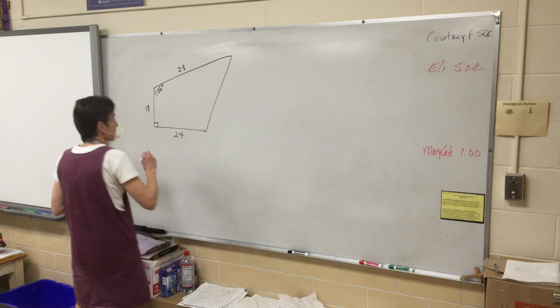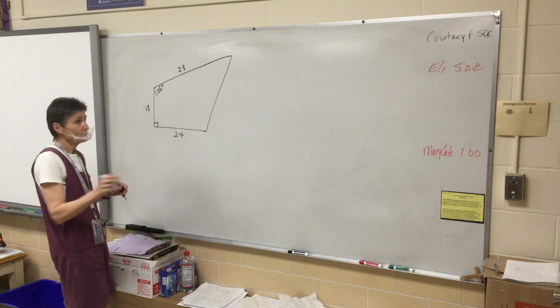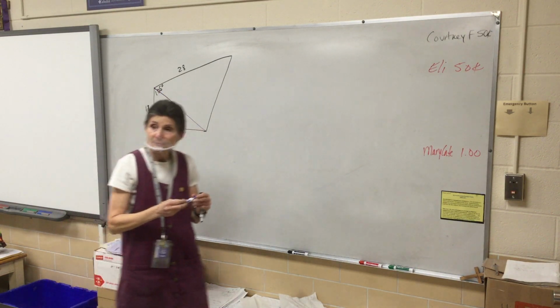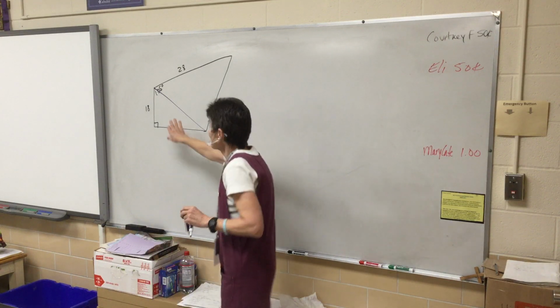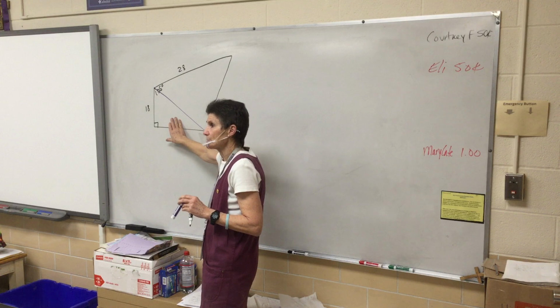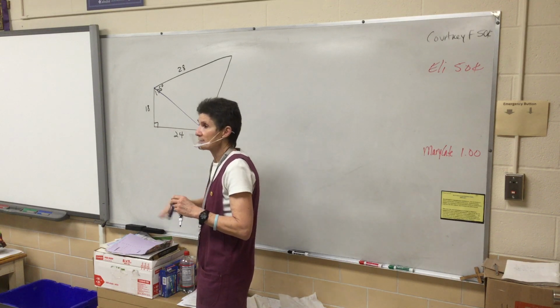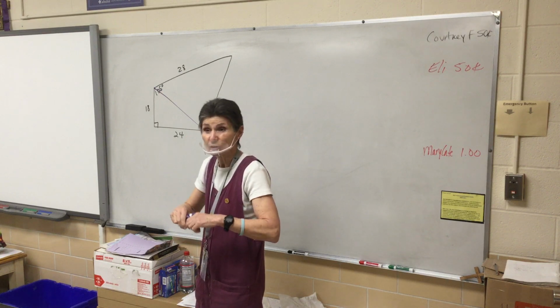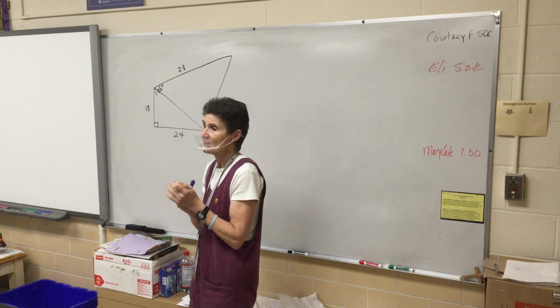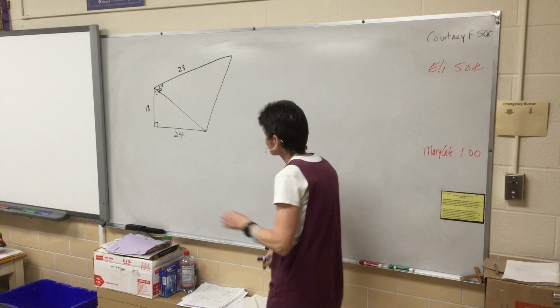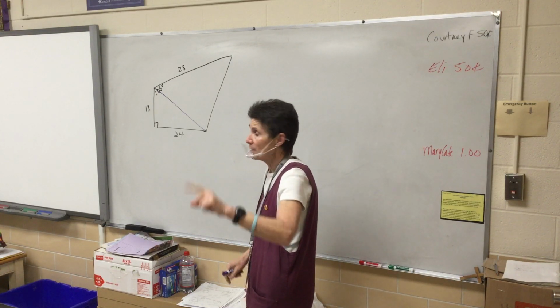So I would suggest, it really doesn't matter, but I would suggest that you split it this way, because this is a right triangle, and right triangles are easier to deal with, only because we have the Pythagorean theorem, for example, we have SOHCAHTOA, we have things available to us that we don't have in regular triangles. One more time though.